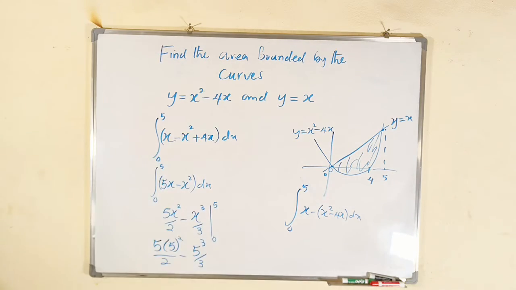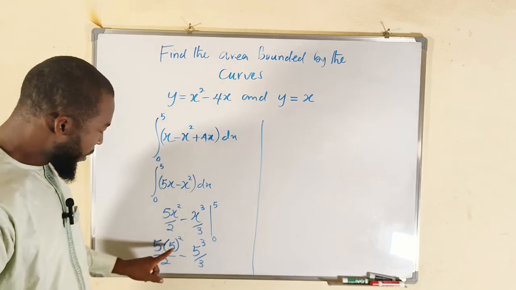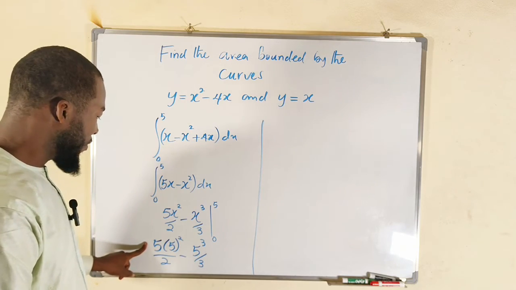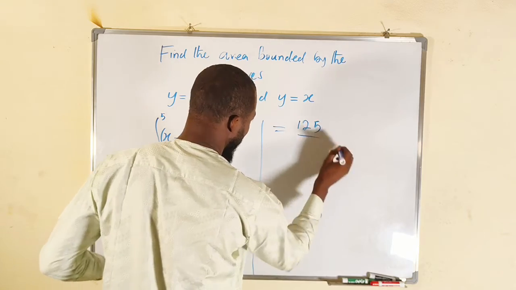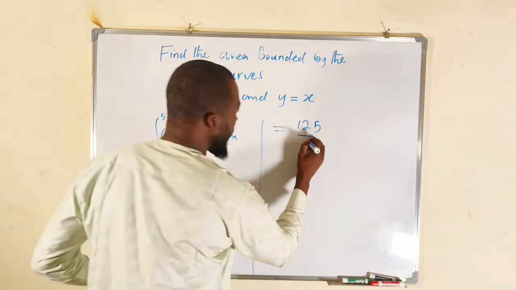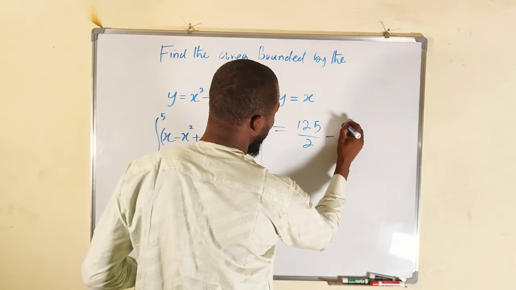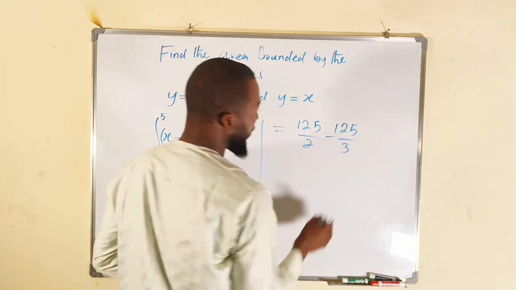Okay, let me move to the other side. So we have 5 squared, which is 25, times 5 is 125. 125 divided by 2 minus 5 to the power of 3 is 125 again, 125 divided by 3.